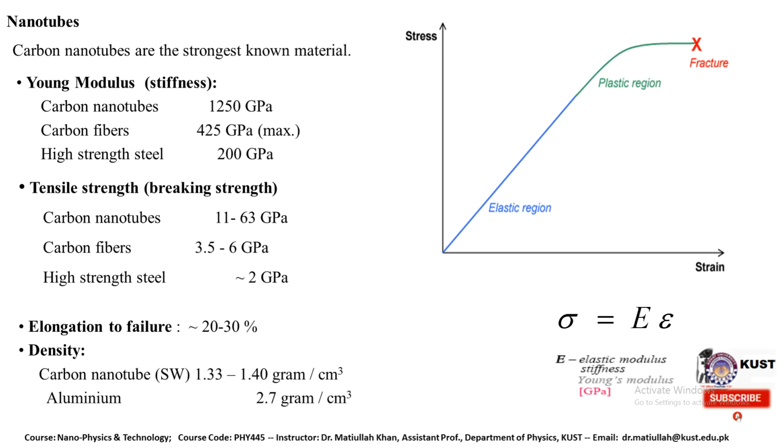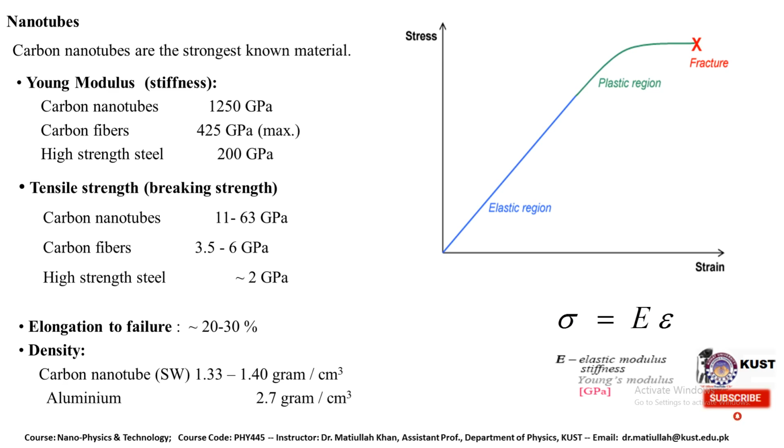If we look toward the elastic properties and plastic property before the yield strength of that particular material, carbon nanotubes are known to be the strongest material, and their Young modulus is around 1250 GPa.